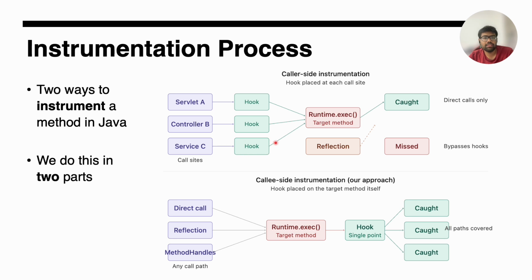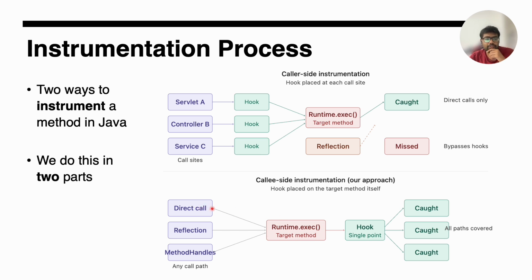However, this method is not that good because calls to Runtime.exec made using the Java Reflection APIs get missed in this approach. So we rely on something called callee-side instrumentation. In this case, we actually instrument the target method. We place our hook inside the target method.